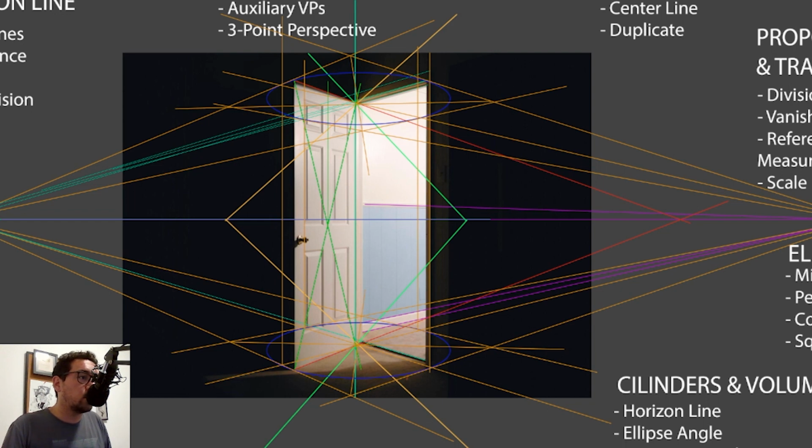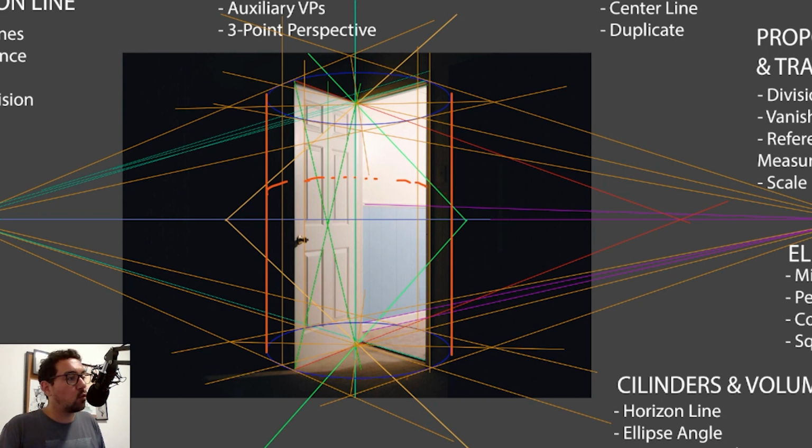One thing that I usually do is get the limits of the ellipse if I need to draw something. So if we're going to be drawing the whole cylinder here, I will do that, and then maybe just go with some dotted lines so I can feel if that is right before I have the final line go over it.